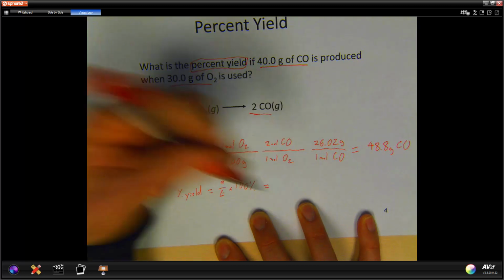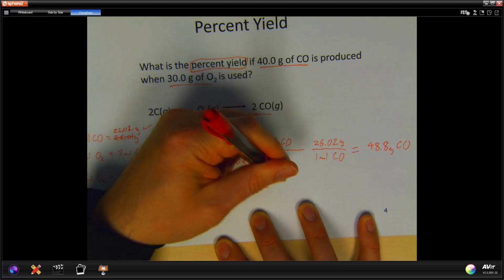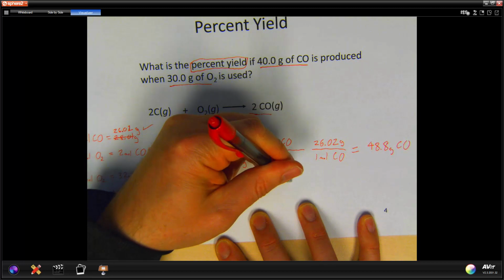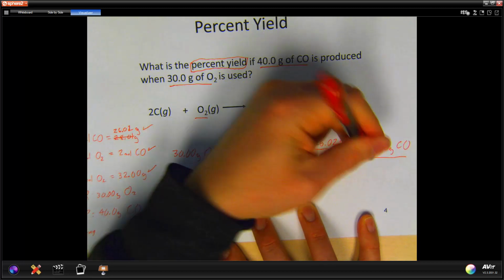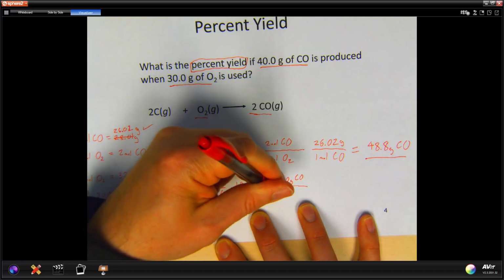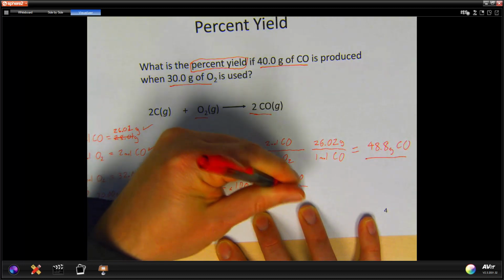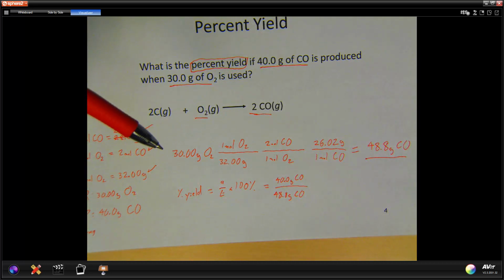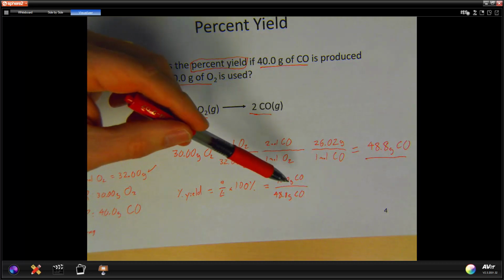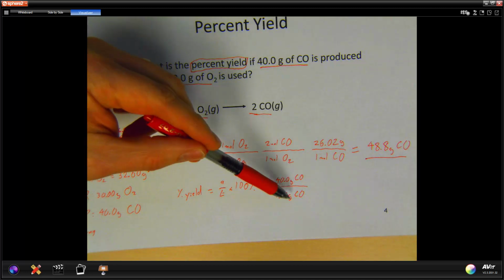So 40 grams of CO on the top. Our theoretical is what we just found, 48.8 grams of CO. Very important that as you're doing this step, the units match. Again, grams of product have to be the same thing.